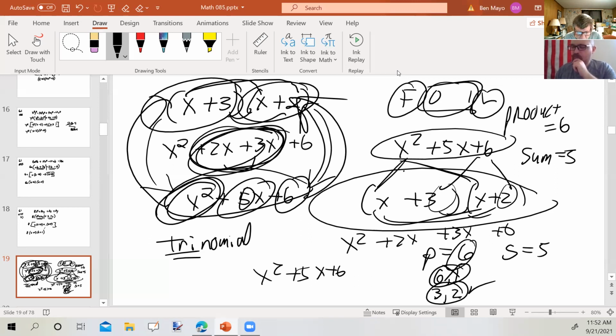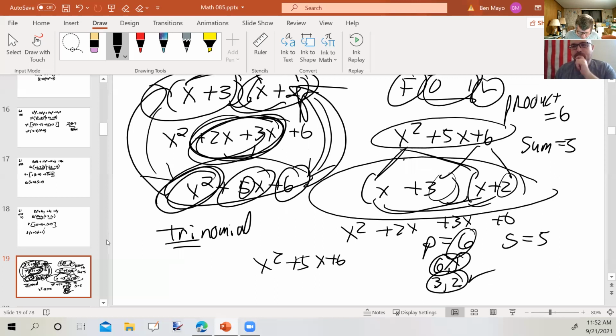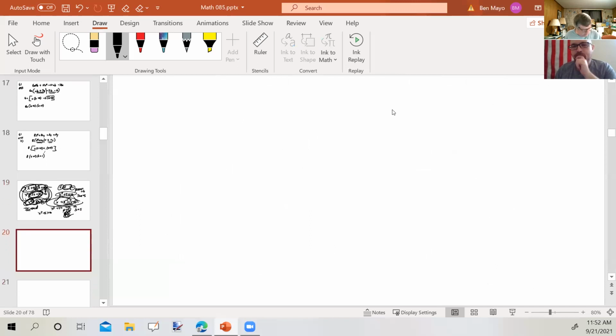Now, we're going to start all over with a new problem. In this one, we won't know the answer yet. Okay, so we've got y squared plus 4y plus 3.